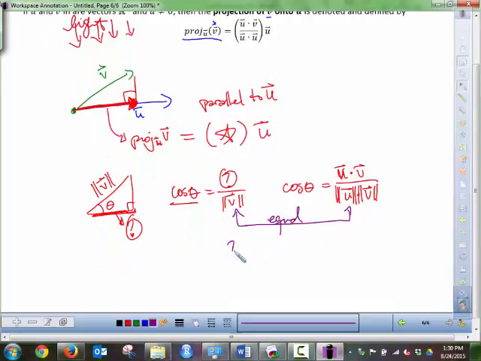The question mark that we're looking for divided by the magnitude of v equals u dotted with v over the magnitude of u times the magnitude of v. So it looks like I can multiply both sides by the magnitude of v, and then the question mark is equal to this. Hey, looks like I'm done, huh?